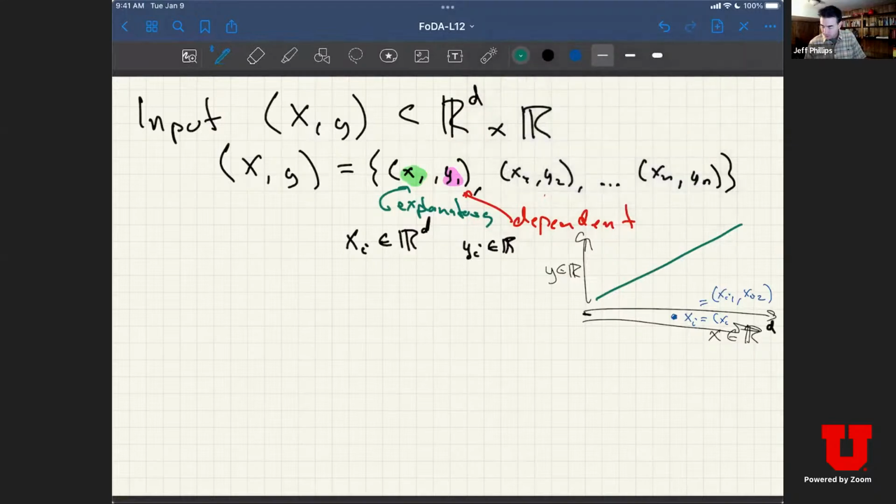And this green function is now a plane up here, right? When d is two, this is a two-dimensional plane in the linear case. For each value of x, it's going to be mapped up to the value on this plane here. So this is the structure we'd like to predict.